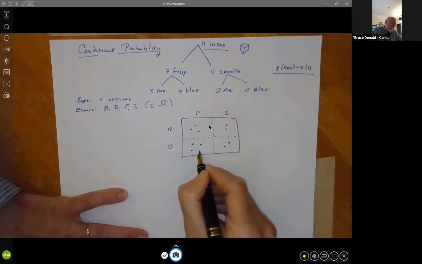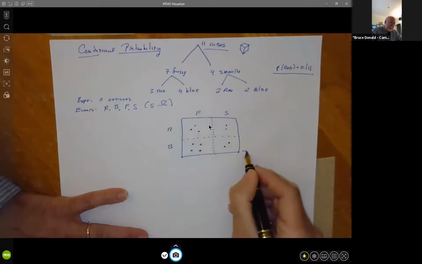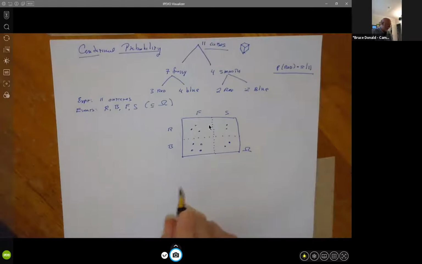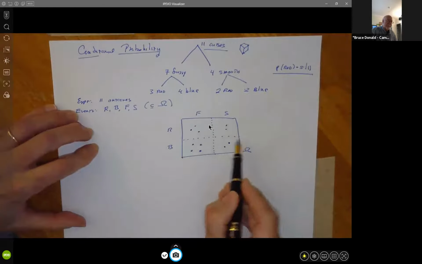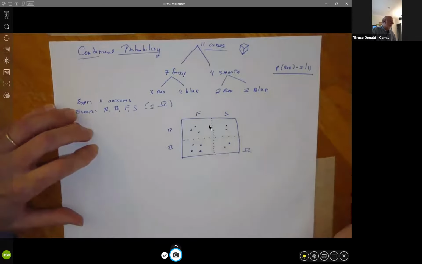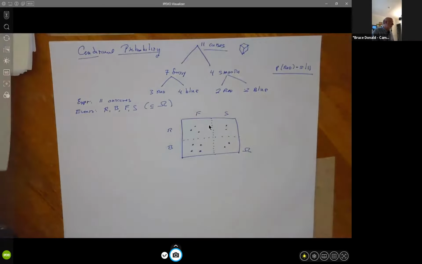So this is a map of our set of outcomes and our set of events here. And of course, you can clearly see that the probability of having a red cube is going to be 5 out of 11, because if you go to this top row here, we have 5 elements just as we had in our little decision tree.